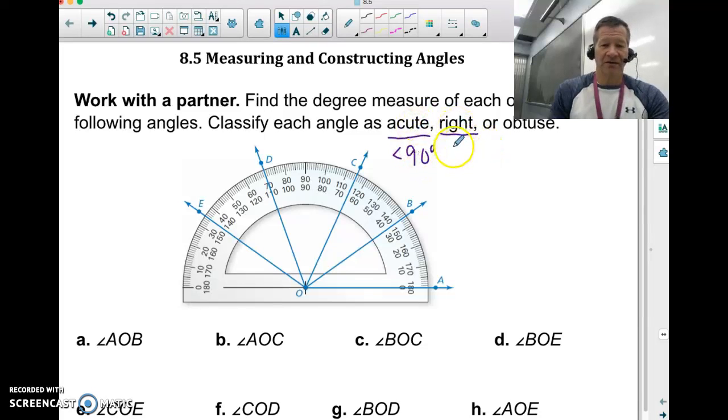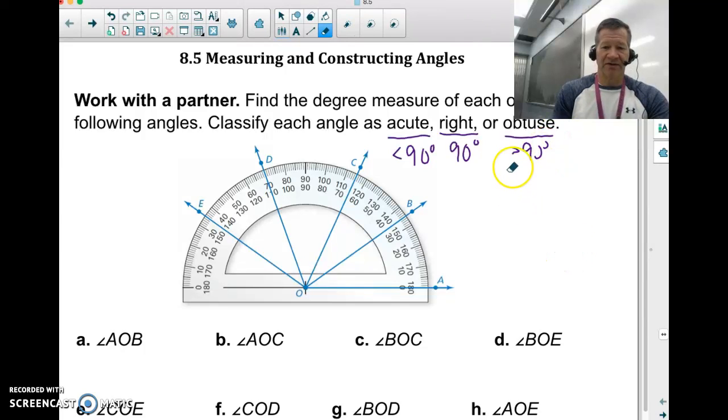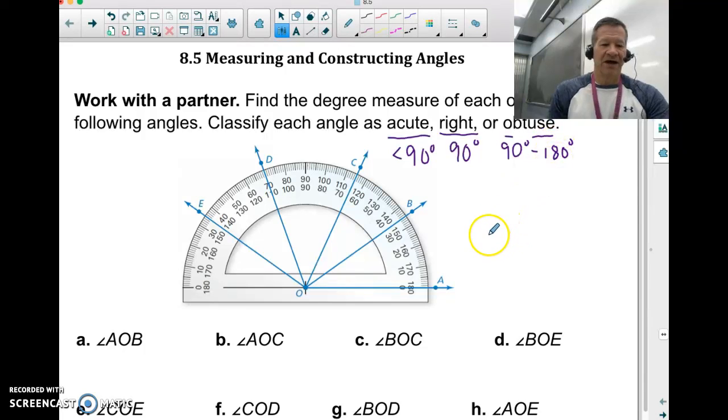A right angle is exactly 90 degrees, and an obtuse angle is an angle that has a measure greater than 90 but less than 180. So between 90 and 180 degrees, but it's got to be over 90. And you might remember a straight angle is exactly 180.